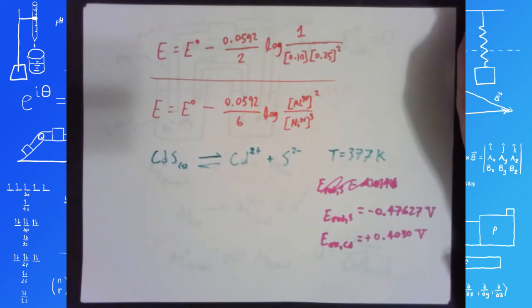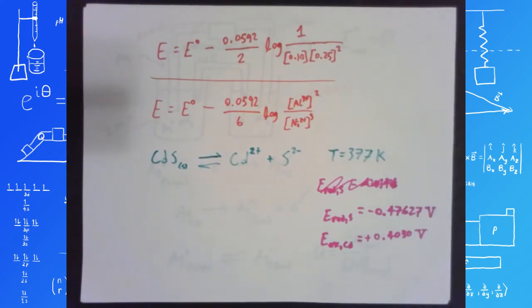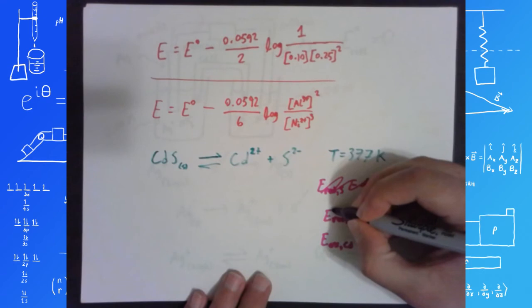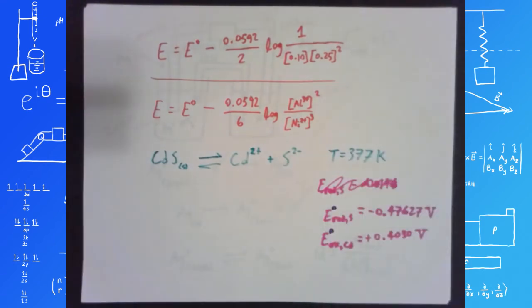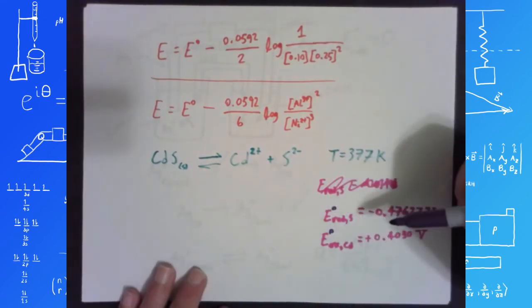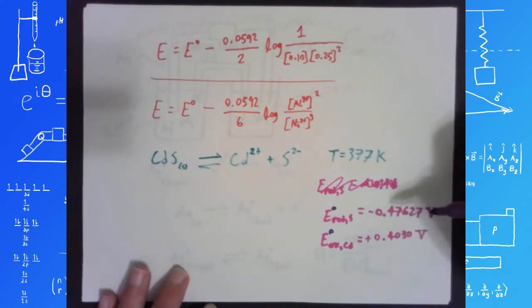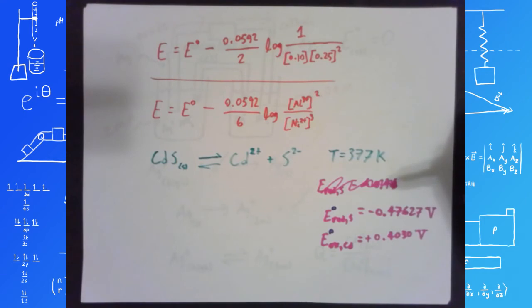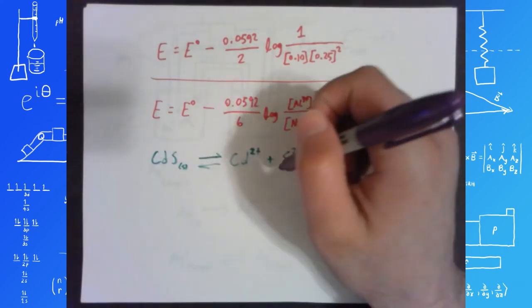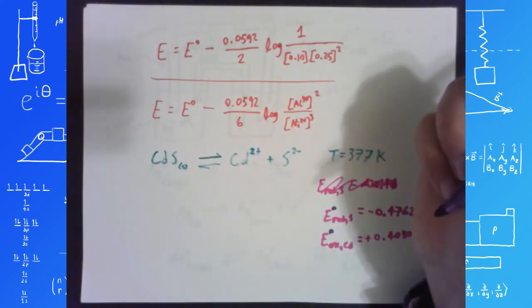So now we have everything we need for calculating the standard cell potential. And the standard cell potential in this case is going to be negative, it looks like, which is no surprise to me at all. The forward reaction doesn't look like it would be very spontaneous.